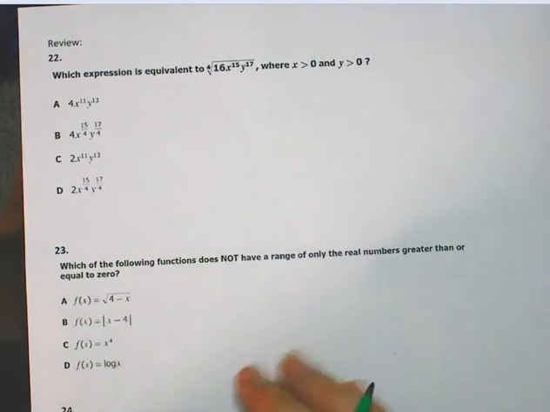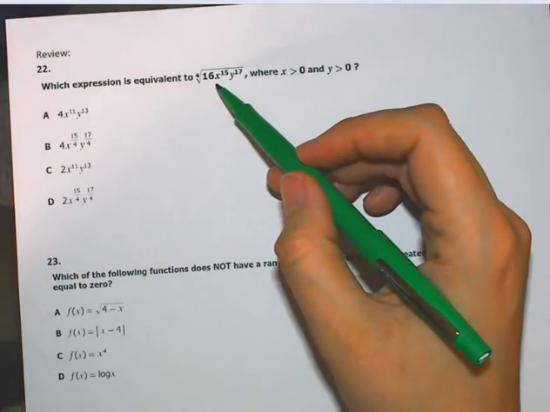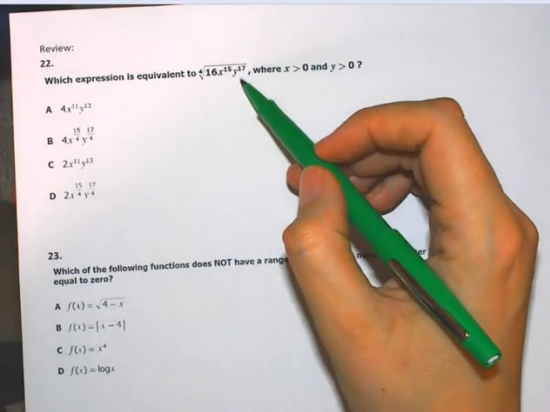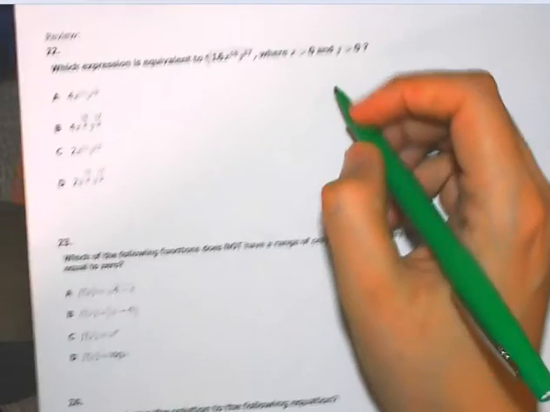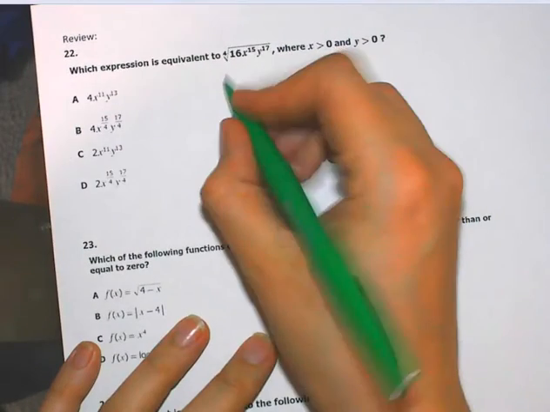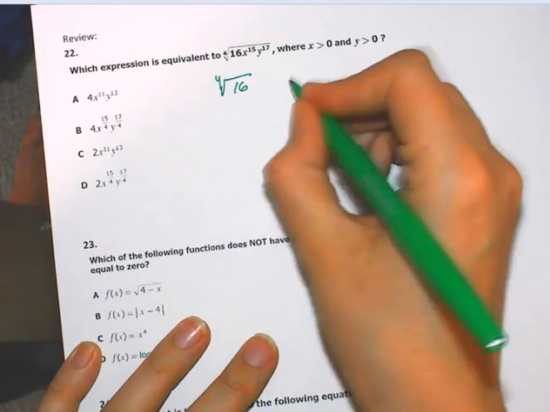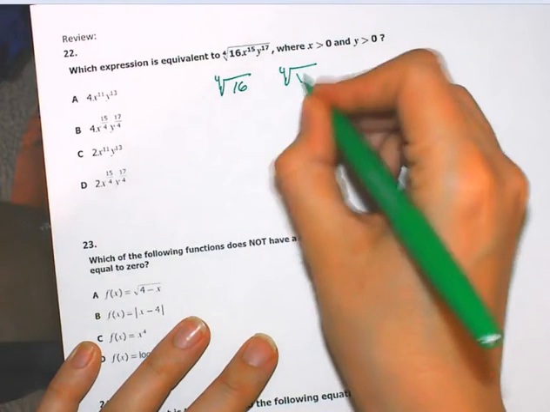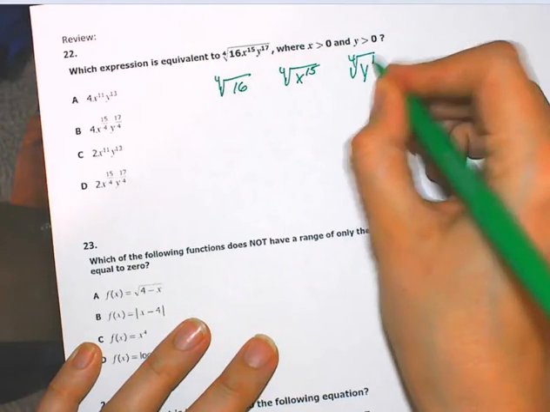So the expression is equivalent to the 4th root of 16 x to the 15th y to the 17th, where x is greater than 0 and y is greater than 0. So let's look at all these separately here. So I have the 4th root of 16, the 4th root of x to the 15th, the 4th root of y to the 17th.